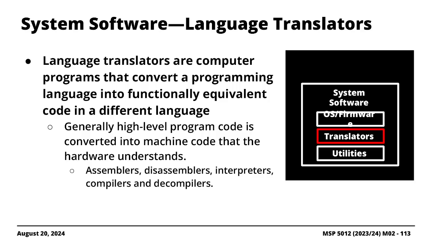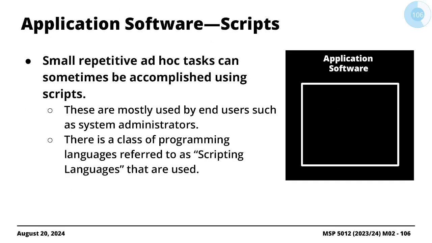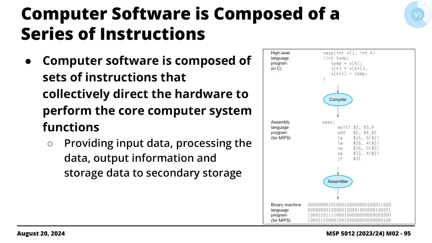And really, there are different types of language translators. I mean, we don't really have to go into the gory details of the different types. If we go back here, by the way, if you are writing software, let's say like WhatsApp software, you typically use a high-level programming language, right?